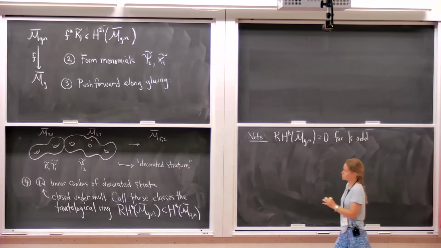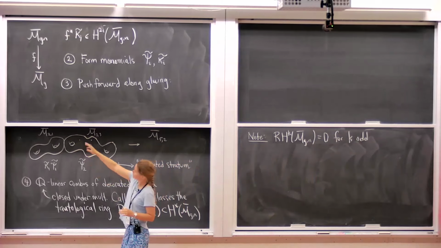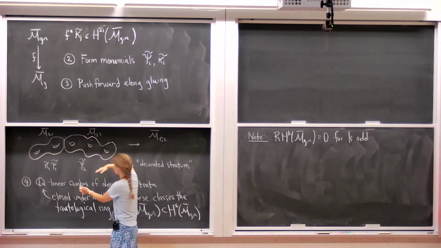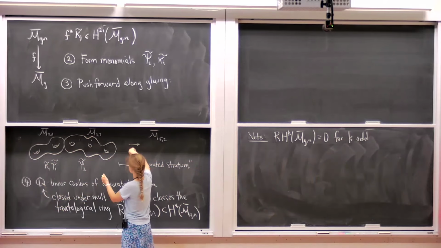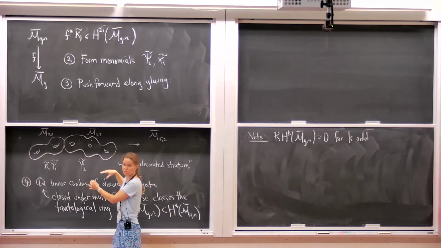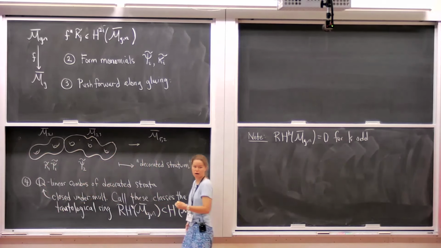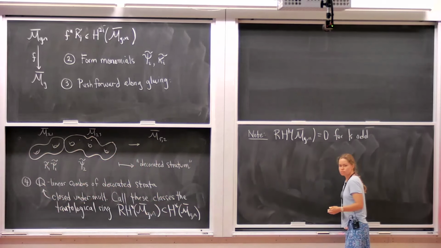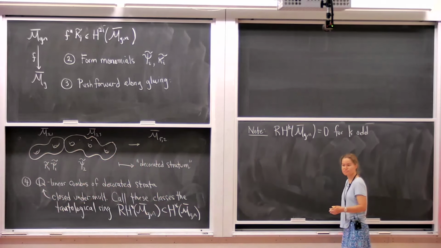And that's because, you see, I started with these psi and kappa classes that lived in even degrees. Everything I did was pushing forward along some gluing map, which is going to take an even shift because these are all complex subvarieties. More questions?